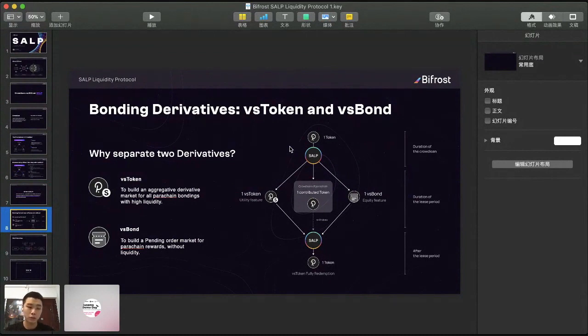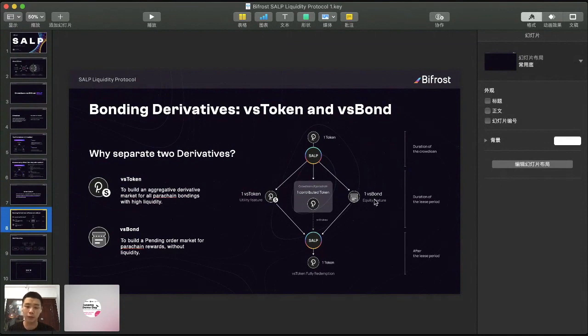Let's first look at the VS token. The goal is to build an aggregative derivative market for all parachain bondings with high liquidity. The VS token on this side for Kusama is VS Kusama, which represents your underlying Kusama. You can transfer it during the bonding period.